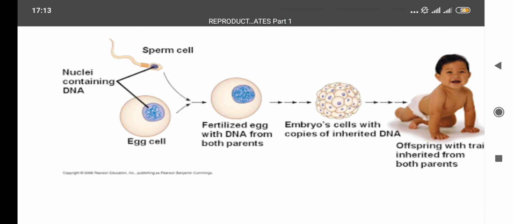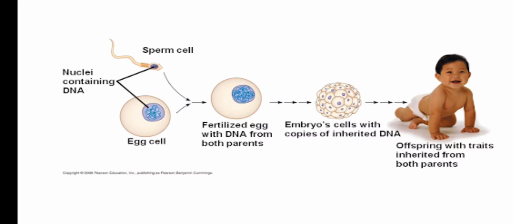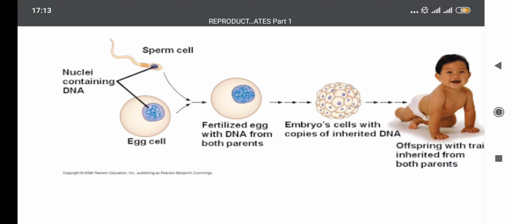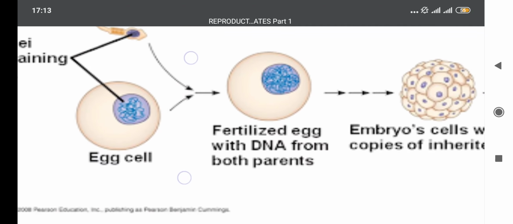fertilization occurs. And when fertilization occurs, this is the zygote formed. Fertilized egg with DNA from both parents, as the illustration shows. This is the zygote formed.